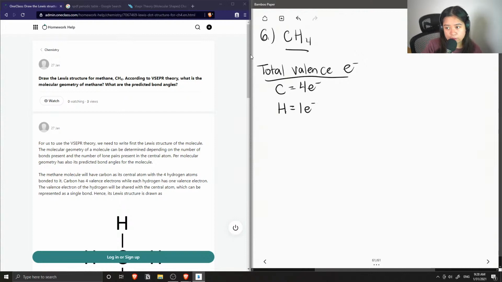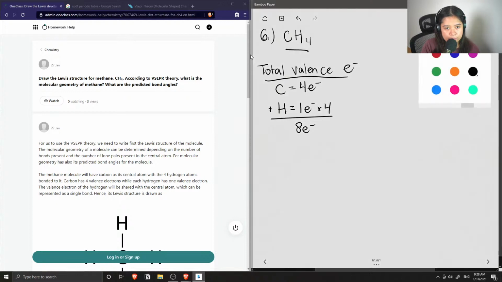And since there are 4 hydrogen atoms, we multiply this number by 4 to give us a total of 8 valence electrons. So now, when writing the skeletal structure, I'm going to write carbon as our central atom, and then I'm just going to form 4 bonds with my hydrogens.